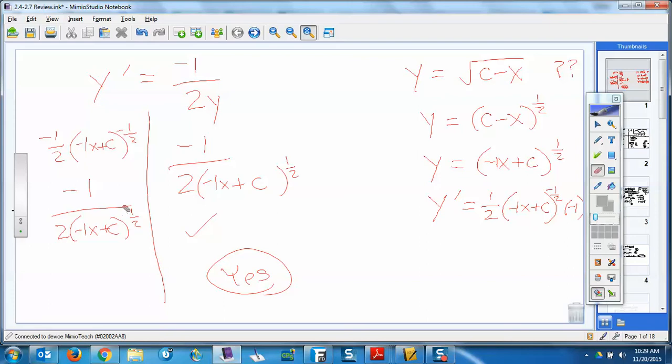I made my eraser so small. That should have been positive 1/2. But anyway, is that what you were thinking of? When I flipped this to the bottom, yes, I should have made that positive. Okay, that was a mistake. So anyway, there were two solutions there.